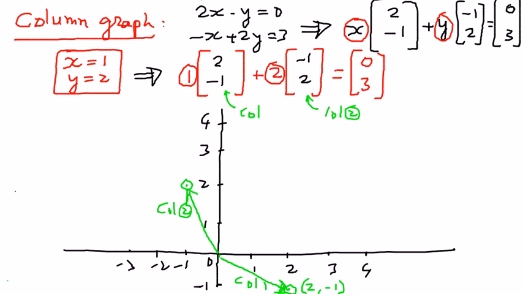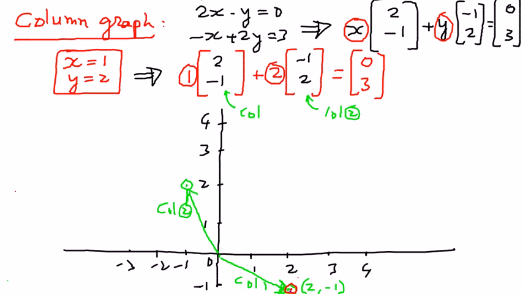Okay, so from now I'm going to use another color. From column 1, I'm going to start there. Let me use red here, that shows better than blue. So this is my starting point, and if I take one part of column 1 plus 2 parts of column 2, when I add them, that should give me 0, 3, and the final point on my graph should represent 0, 3.